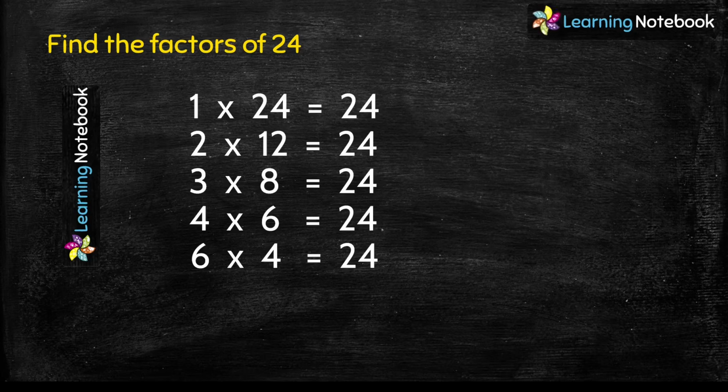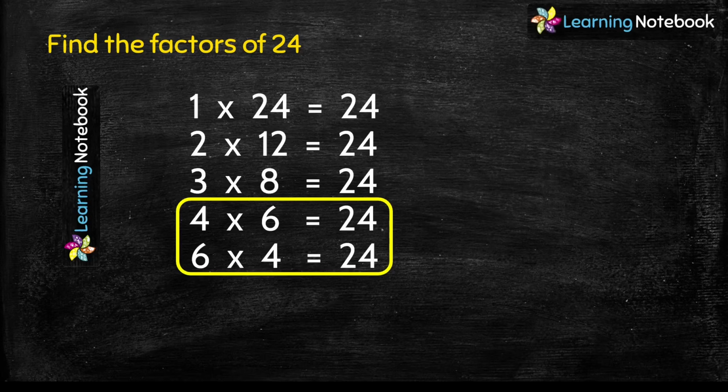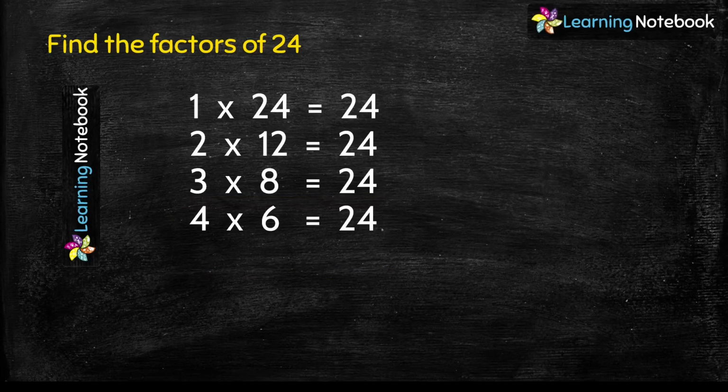But we have already covered it as 4 into 6 equals 24. So it means we have to stop at 4 into 6. Now we have found all the factors of 24. So let's start writing its factors.